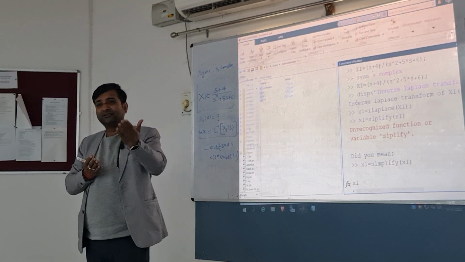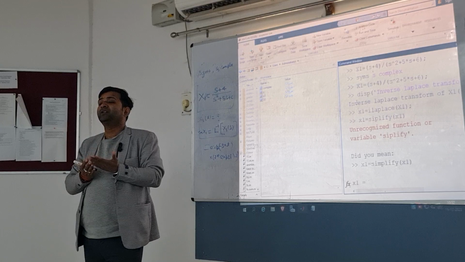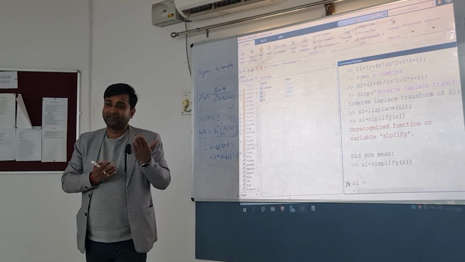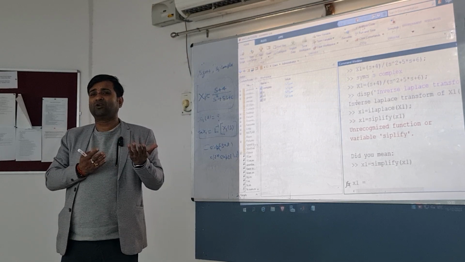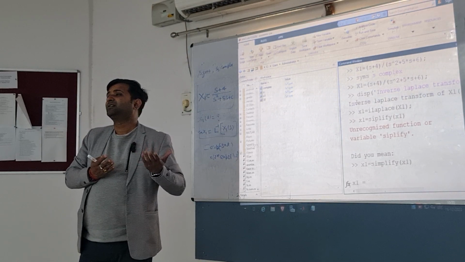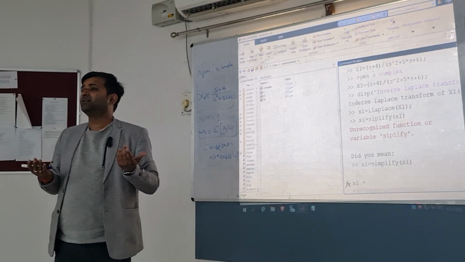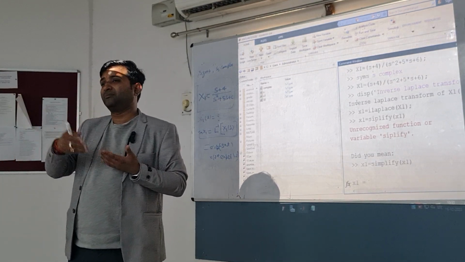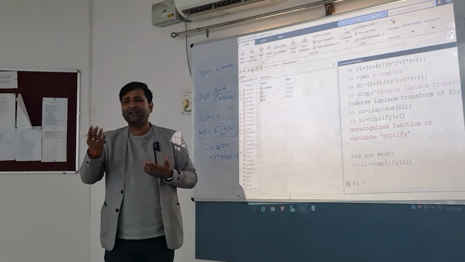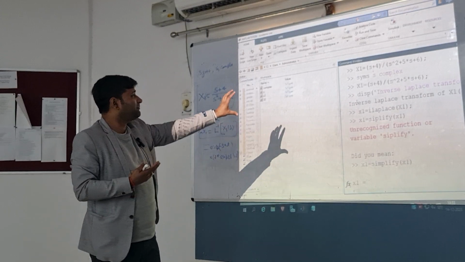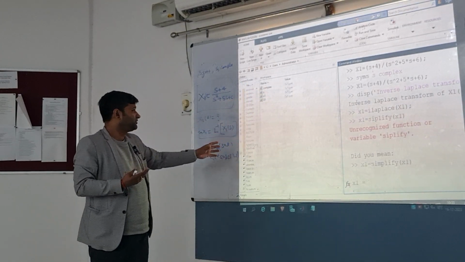There are various tools also available in MATLAB. One more recent tool is the deep learning toolbox. This is part of artificial intelligence. Deep learning is a subset of artificial intelligence. There are various applications to solve real-world problems. This is the simplest way to write MATLAB code.